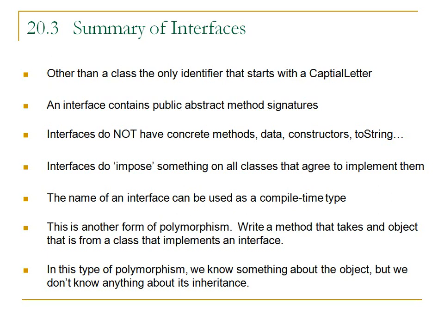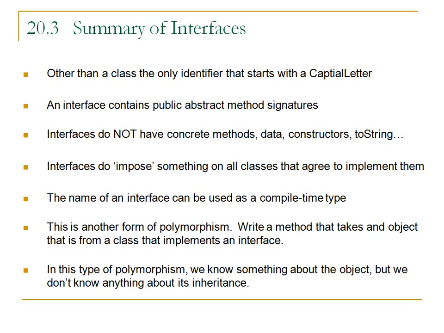You say public interface and then the name, as opposed to public class and then the name. And an interface will contain only public abstract method signatures. Interfaces are very simple. They don't have any concrete methods, they don't have any data, they don't have any constructors or toStrings.